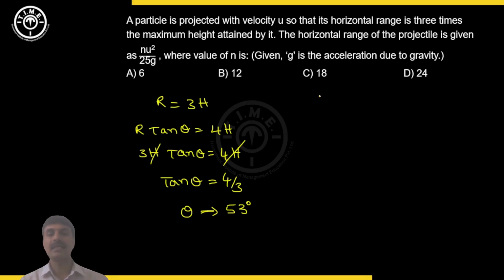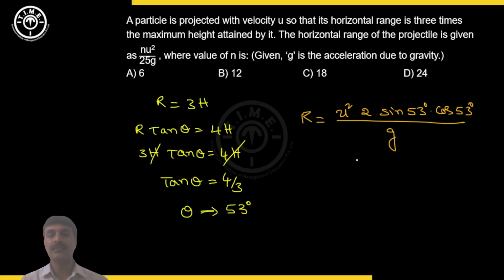Now what is the range? The horizontal range is expressed as n u square by 25g. From the range formula, it is u square sine 2 theta by g, so 2 sine 53 into cos 53, u square by g.